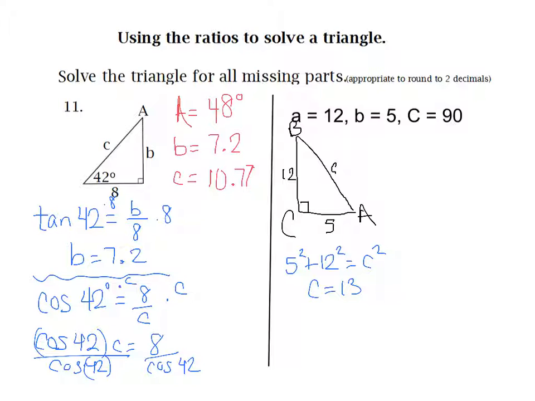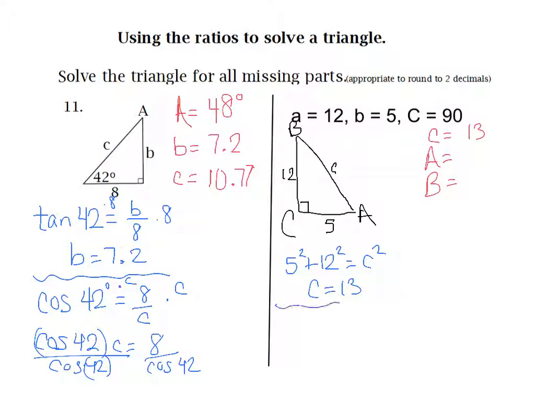I didn't write up here what we're missing. It looks like we are missing little c, but then we're missing angle A and angle B. Let's start with angle A. The sides that I'm given are opposite and adjacent, so I know I need to use tangent to figure out this angle.